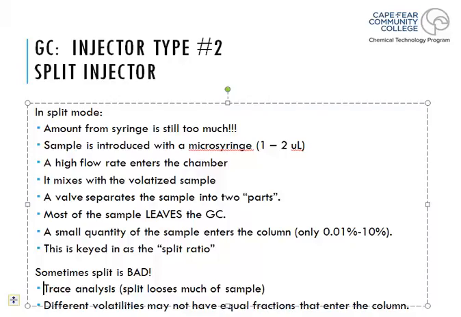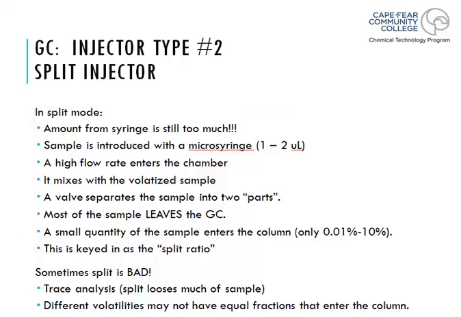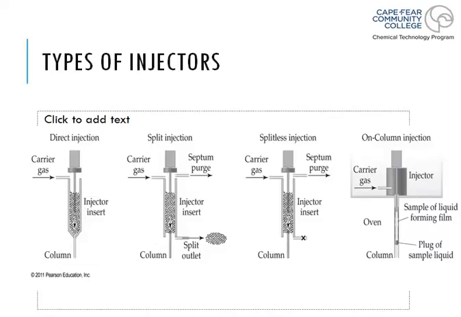All right, so now we need to take a proper look at an injector port itself. This is what the types of injectors will look like as far as diagrams go. So the very first one is direct injection, and this was the first one that we talked about as well. We see the carrier gas helium coming into the injector.